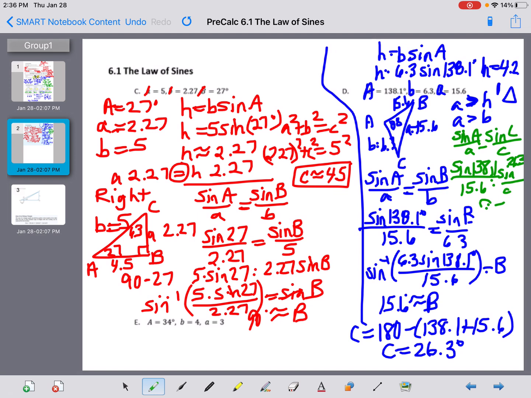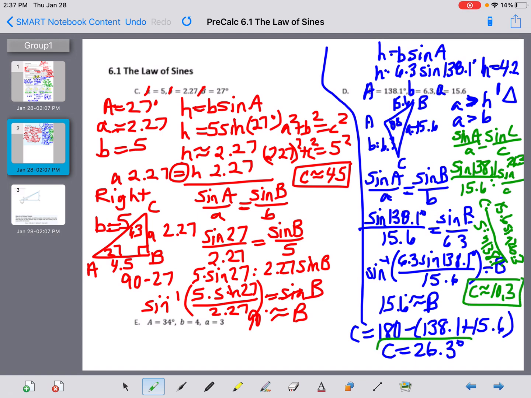So it's 15.6 sine of 26.3, and I'm going to divide by the sine of 138.1. Run that through your calculator. 15.6 sine of 26.3 divided by the sine of 138.1. I get c is about 10.3.